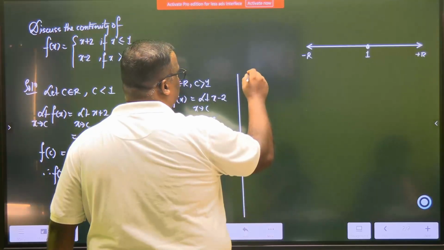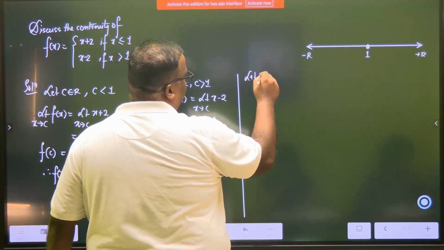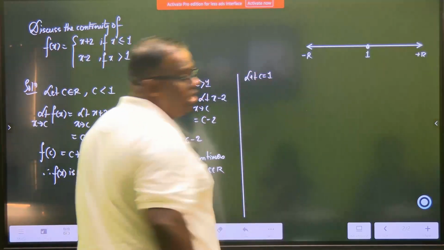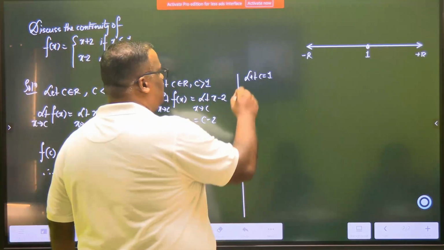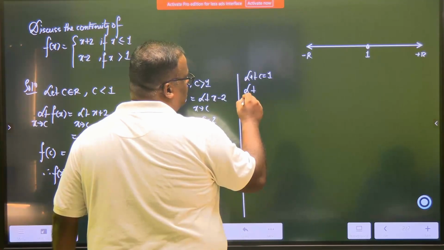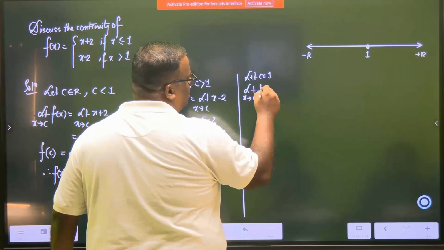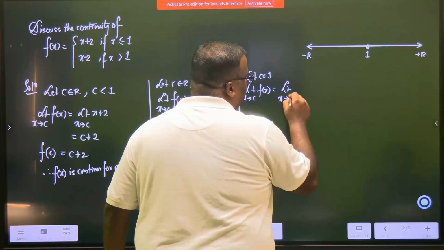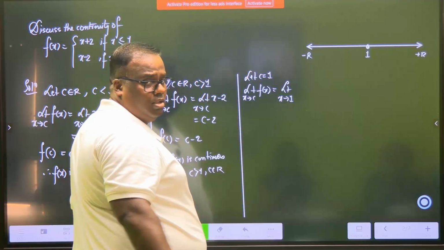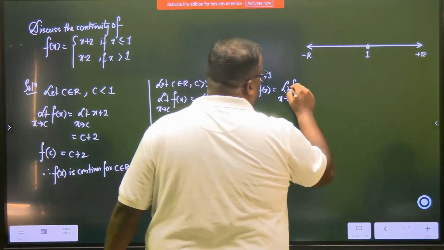Now I can write in two different ways. Let c be equal to 1 now. Here if I write limit x tends to c, f of x. See children how I am writing? It can be written as limit x tends to 1, since c is equal to 1. So I can write limit x tends to 1, f of x.